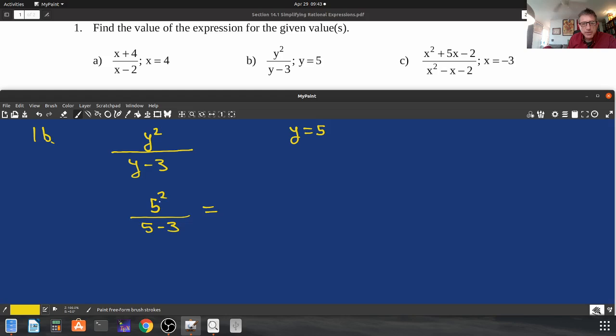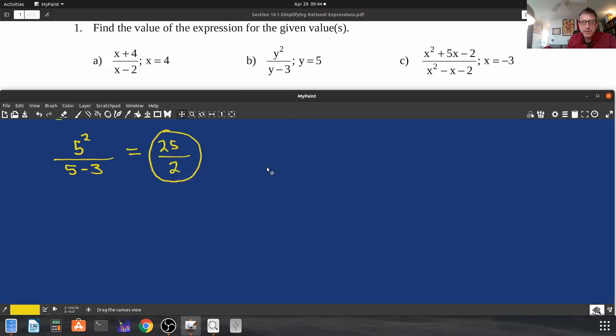And then we simplify. 5 squared is 25. And 5 minus 3 is 2. And that's a perfectly fine answer. If you want to change it into a mixed number, that's up to you. I'm perfectly fine with that answer. And we will do 1C.